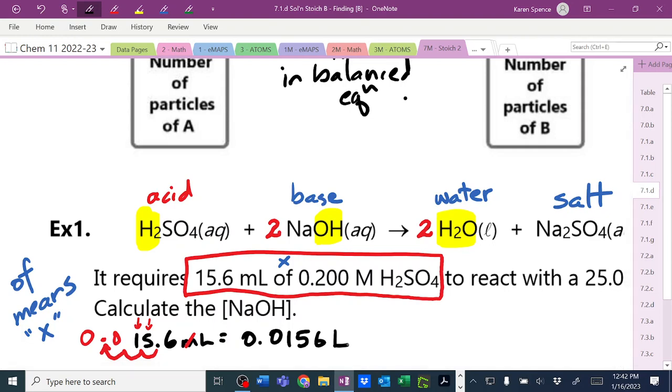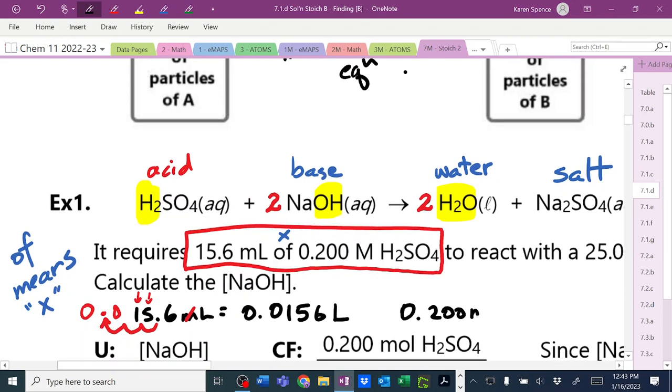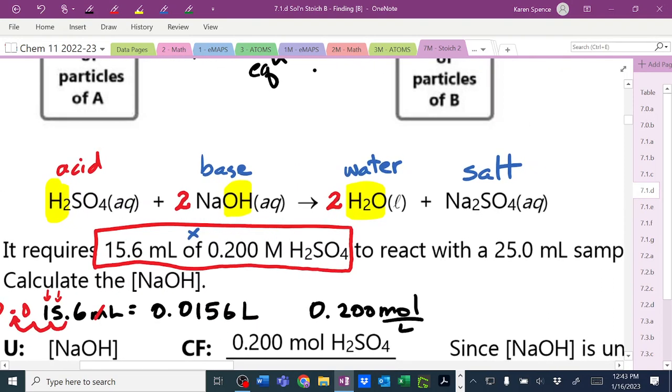What should I be doing with the capital M, molar? I should write it as moles per liter. So I'm going to say I have 0.200 moles per liter. Now, I've already done this down below, so I'm not quite sure why I'm doing it again.